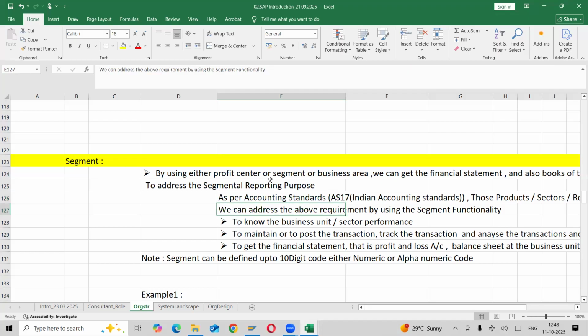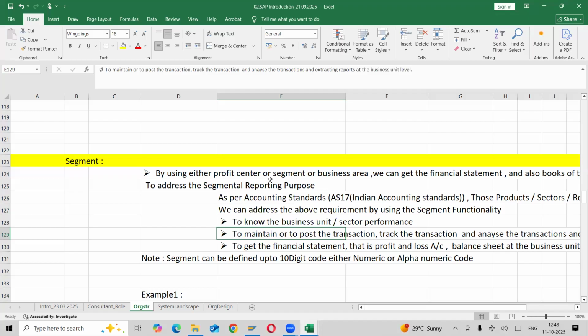So we can address the above requirement by using the segment functionality, to know the business unit or sector performance. Why is it required? Segment is used to know the business unit or sector performance, to track and analyze the transactions, and to extract different levels such as product wise or region wise.